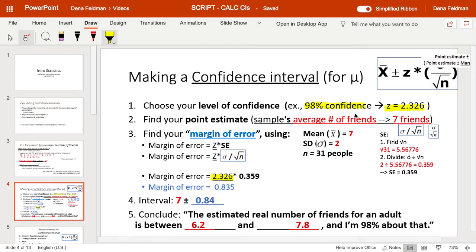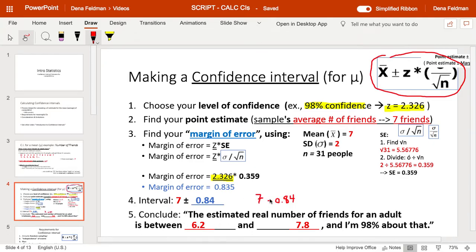And so again, this interval estimate that I have right up here, this point estimate plus or minus the margin of error, I see now I have an interval built together, 7 plus or minus 0.84. And where do these two numbers come from? Well, this lower number, if I take the 7 and subtract 0.84, I'm going to get 6.16.